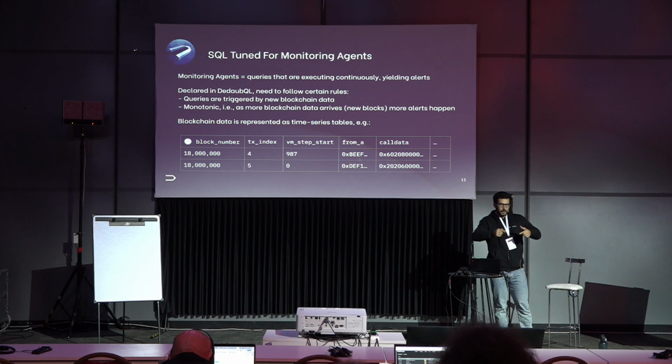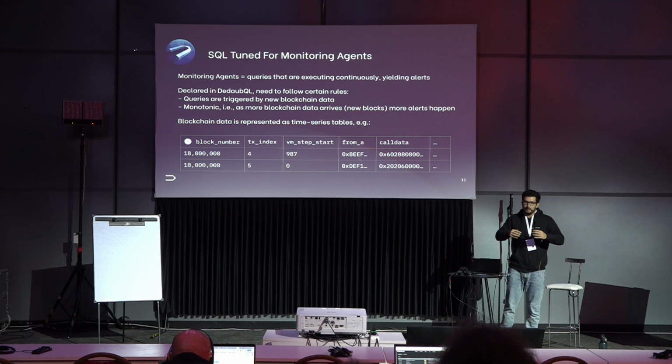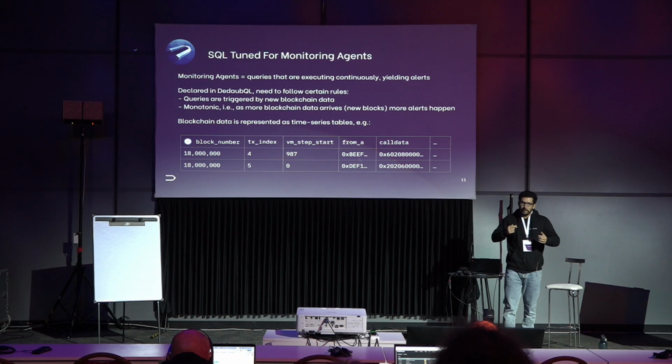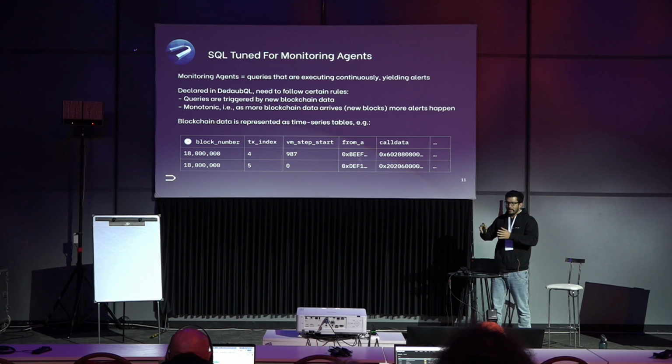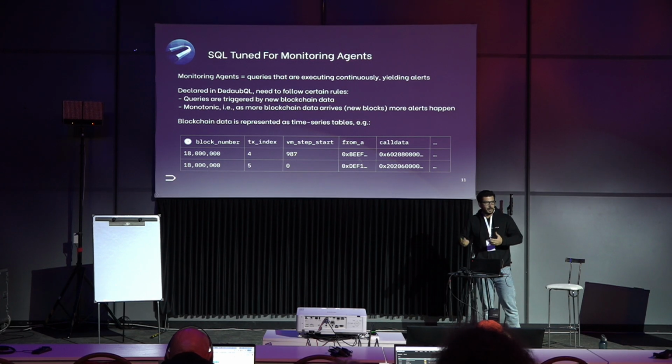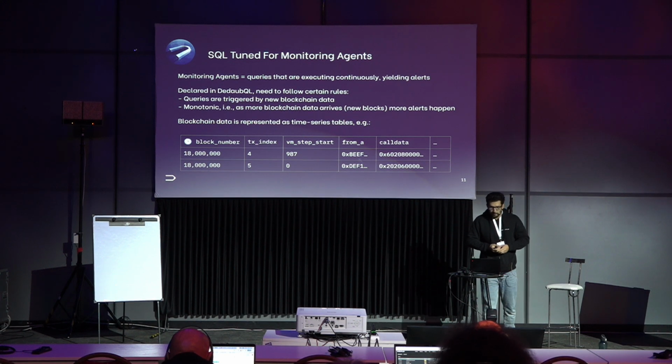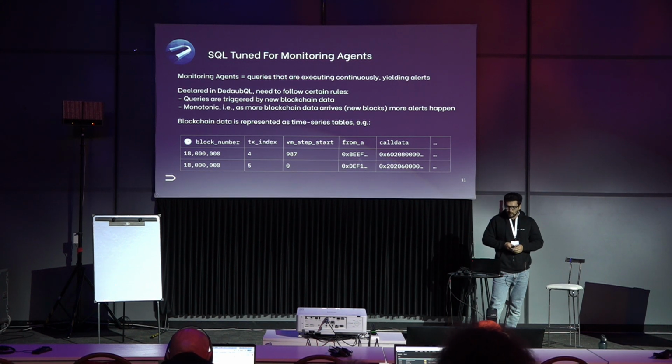And your query then needs to be written in a way that is monotonic, meaning that the more blockchain data arrives, the more alerts will happen, okay? Not less. Otherwise, you interfere with the execution semantics that we designed for Dedaub QL.